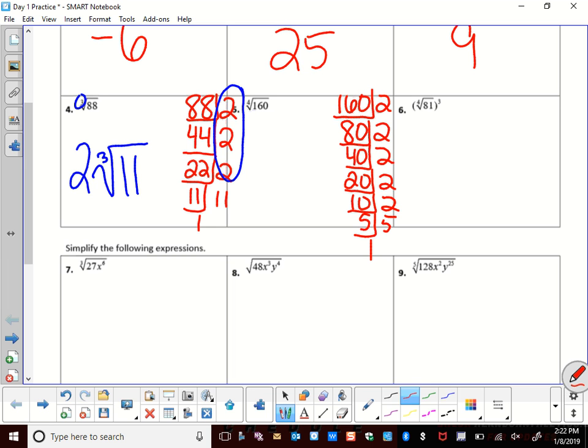Then we stop, right? I need groups of how many? 4. So this whole group comes out to be 2. What's left over under the radical? 5 times 2, which is 10. And my index is 4. That's what I got. Okay, so 2, 4, and then 10.